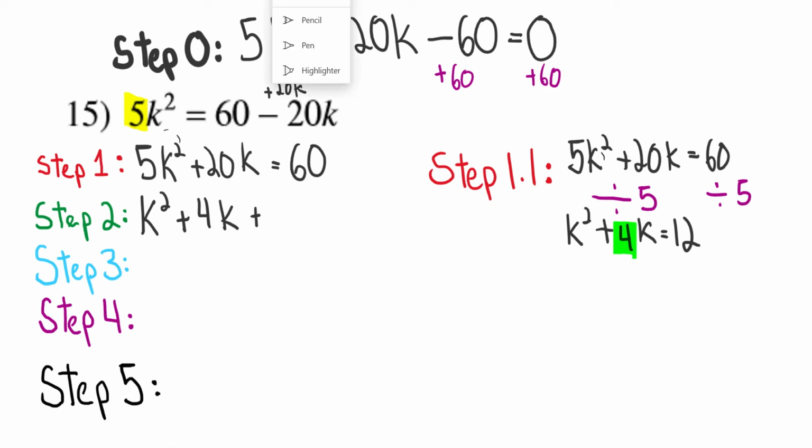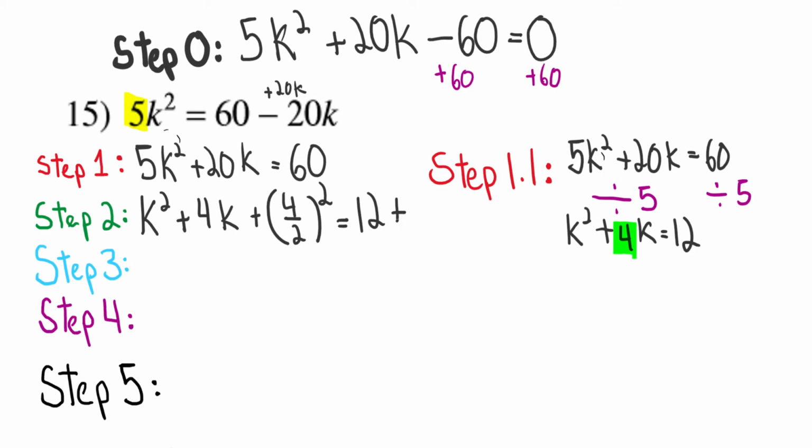I hope everyone paid attention to that. That's a tricky process, which means that I have 4 divided by 2, close bracket squared, equal to 12 plus 4 divided by 2 squared. Remember, everyone, I'm using the 4 from having done step 1.1.